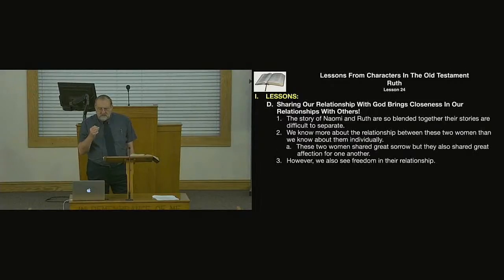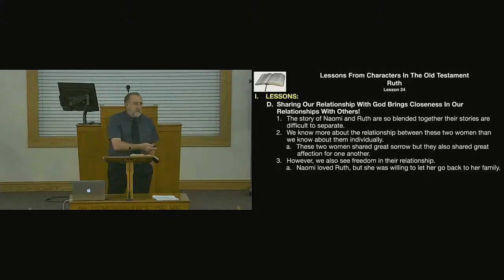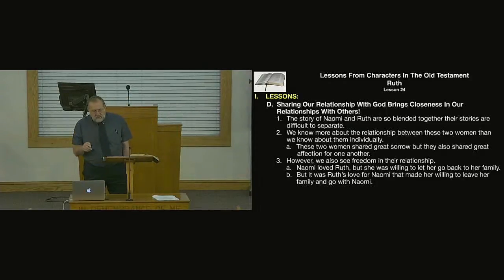However, we also see freedom in that relationship. Naomi loved Ruth, but she was willing to let her go back to her family. She was willing to let her stay in Moab, if that's what she wanted. But it was Ruth's love for Naomi that made her willing to leave her family and go with Naomi.